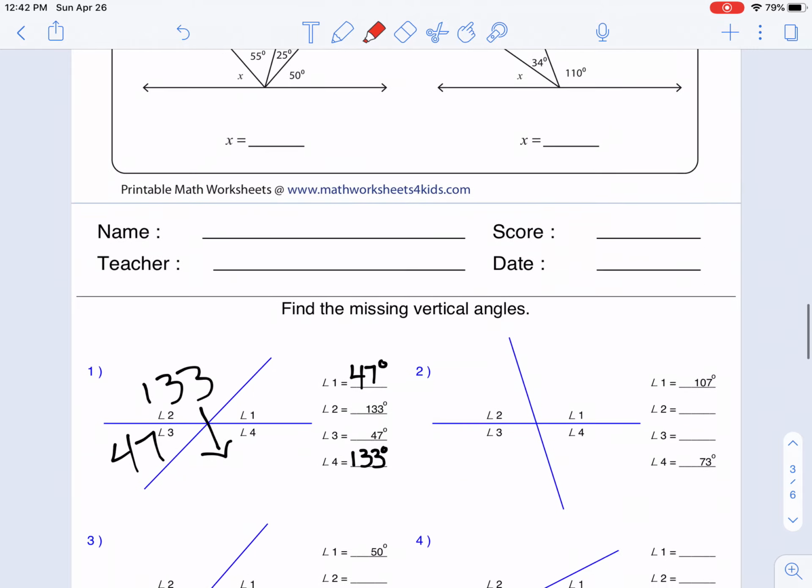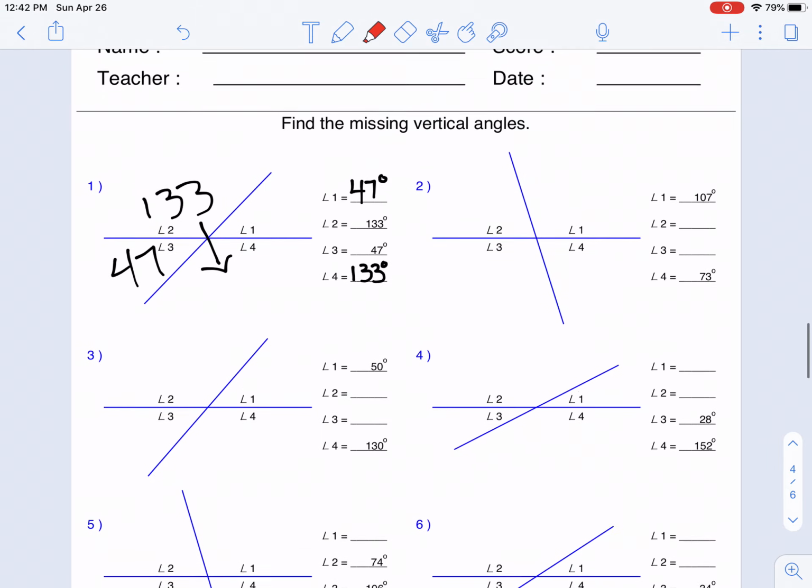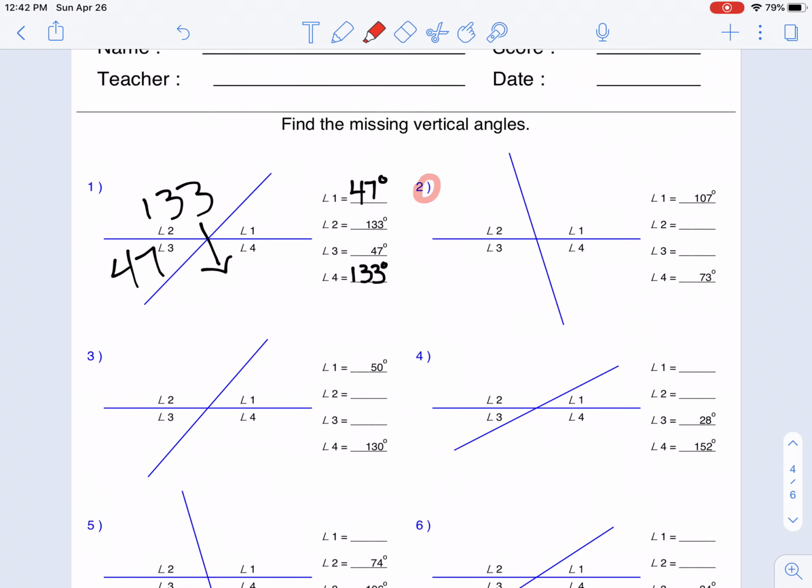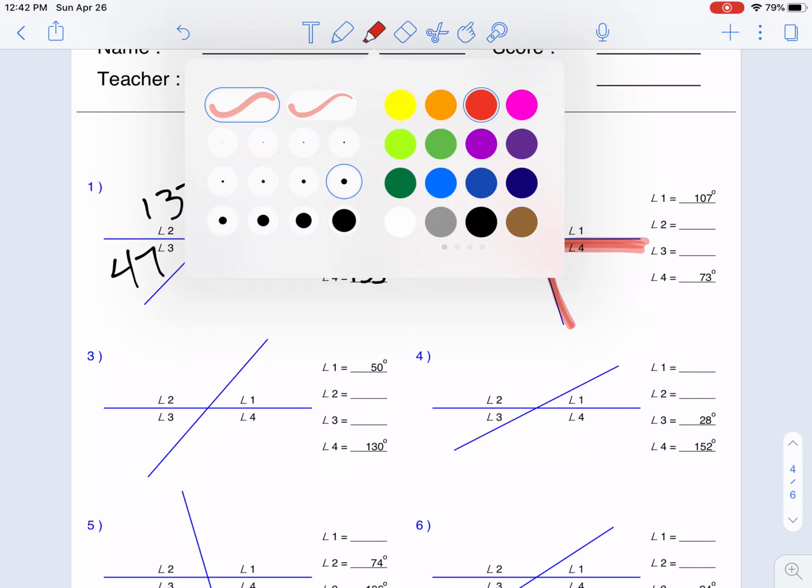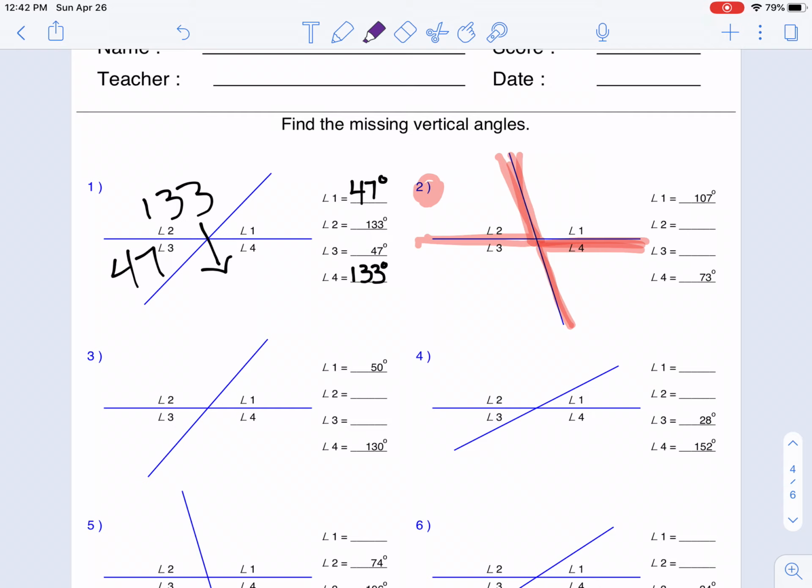If we look at this pair down here, number 2, which angles would be adjacent in number 2? Angle 1 would be adjacent to angle 4. Angle 1 would be adjacent to angle 2. They share a common side. What angles would not be adjacent to each other? 3 is not adjacent to 1 because 3 and 1 are vertical angles.